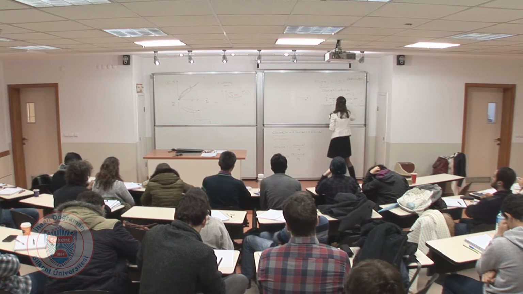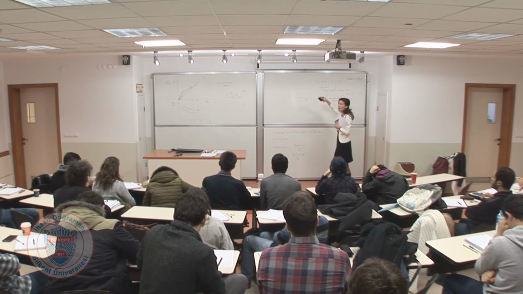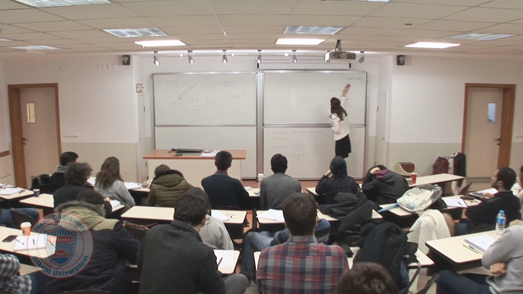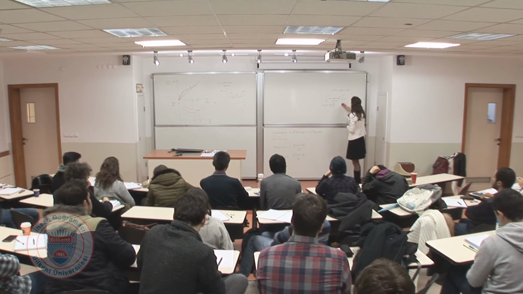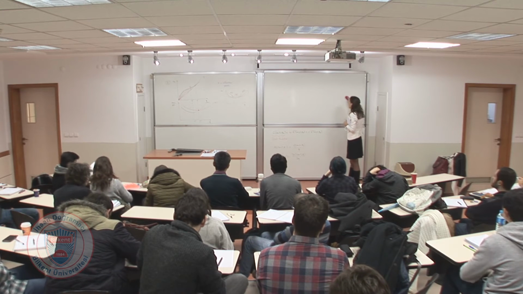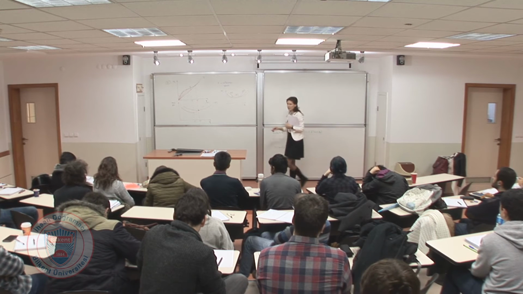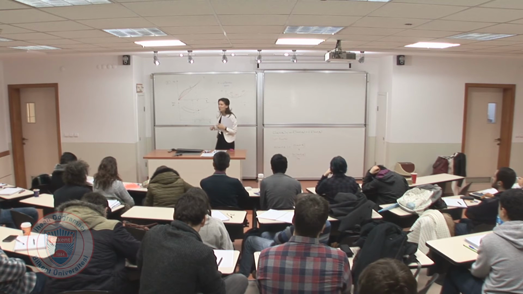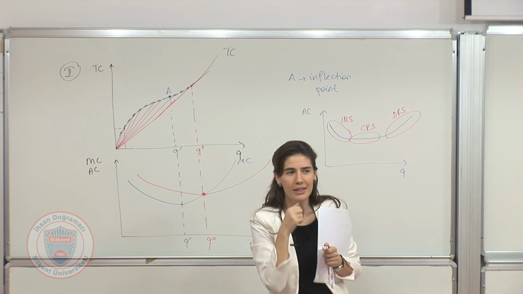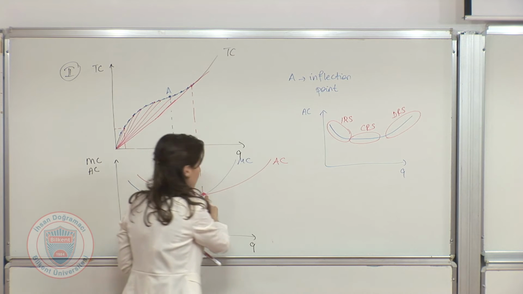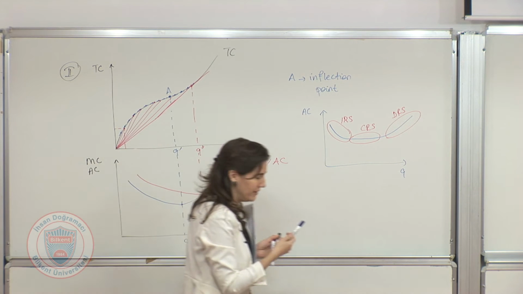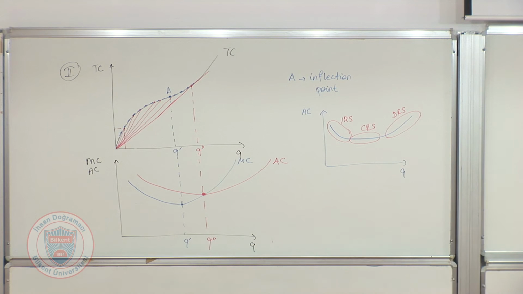How am I going to show mathematically that when one is above the other, the other is decreasing, and they cut each other at the average's minimum? So how do we show it? How did we show it for the marginal products? You just use math, right? In order to show that they intersect at their minimum, what do you do? You take the derivative and set it equal to 0, right?